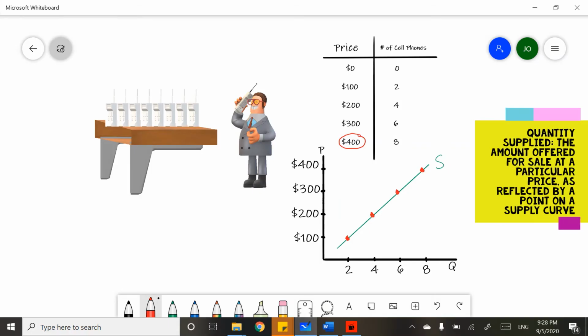Let's assume that the current price for cell phones is $400. It is easy to see that if the price drops, so will the quantity of cell phones that this vendor can sell. If the price keeps dropping, the quantities will keep dropping as well.